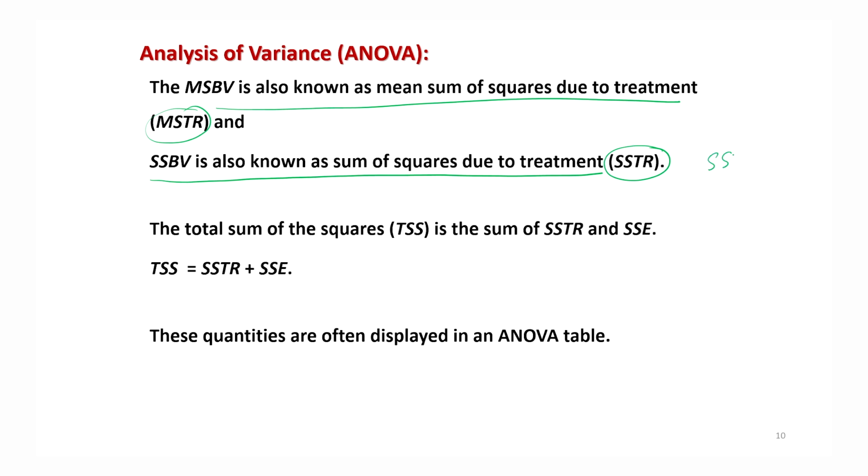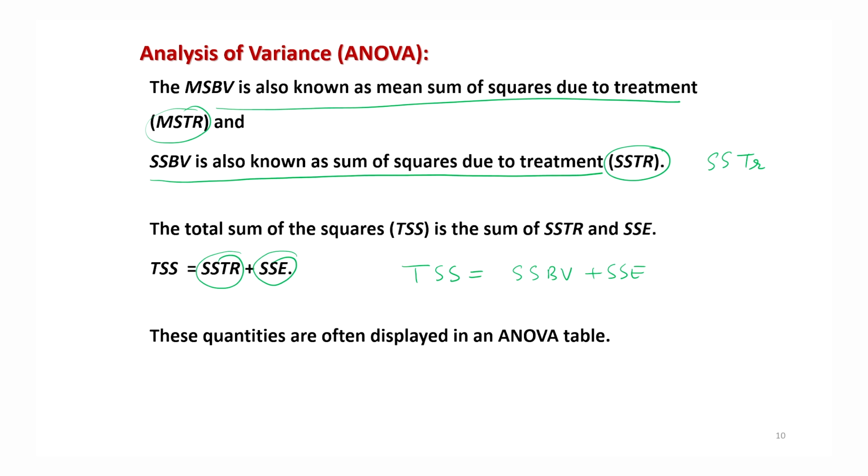Now the total sum of squares, which is the total variability in the system, is divided into two parts: sum of squares due to treatment and sum of squares due to error. Equivalently, I can write total sum of squares equal to SSBV plus SSE. Whatever you want to use, they are the same thing.